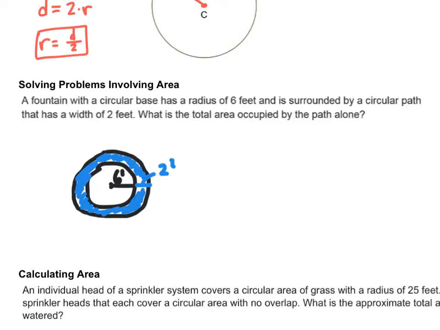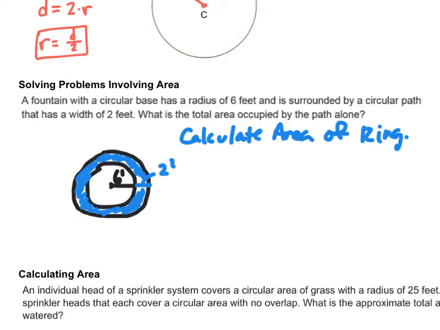So we want to find the area of this portion here on the inside. In order to find the area of this circular piece, kind of like a ring shape, we want to calculate the area of the ring. I know I can find the area of the total, the big circle, and then I can subtract out the small circle.